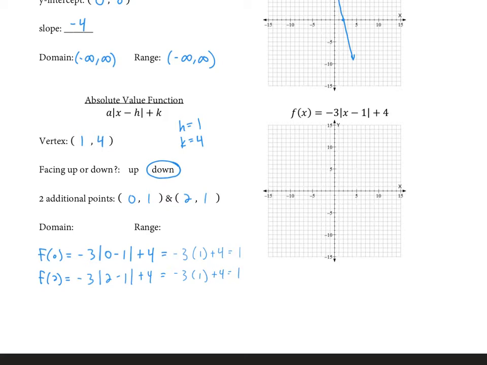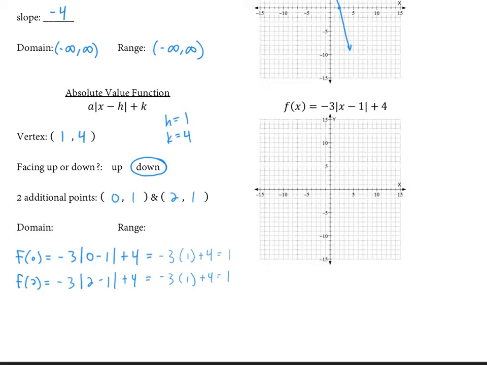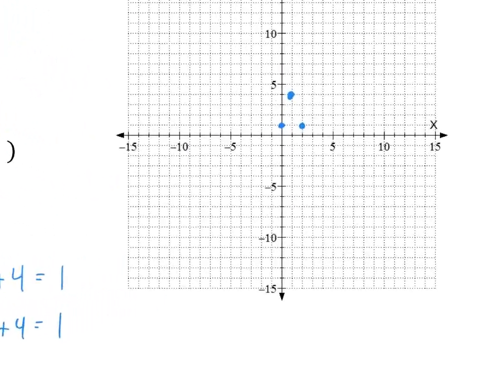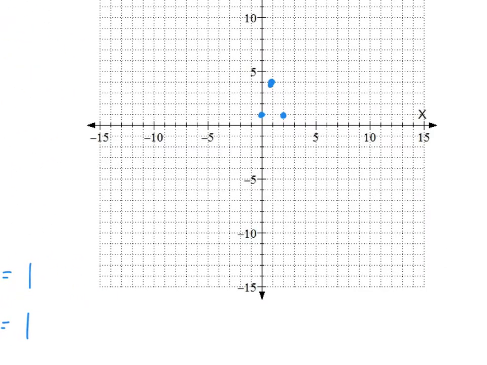Okay, so let's plot. We got 3 points to plot: the vertex and the 2 additional points. So 1, 4, 0, 1, 2, 1. Okay, we know the general shape for absolute value is a V starting from the vertex.